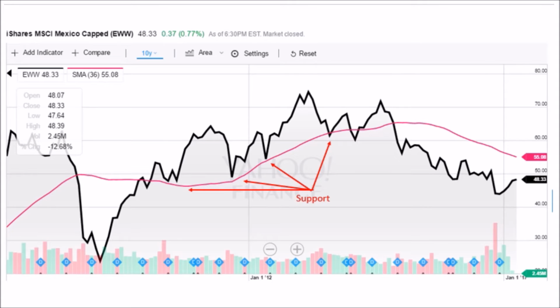Now, right now we're looking at the Mexican ETF over a 10-year period, and you can see that red line is the 3-year simple moving average, and you can see how that worked very well, and you got support when that ETF was moving in an uptrend.